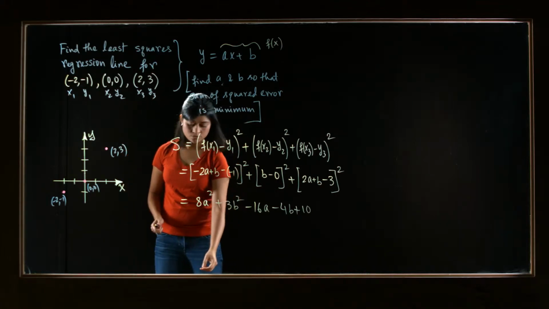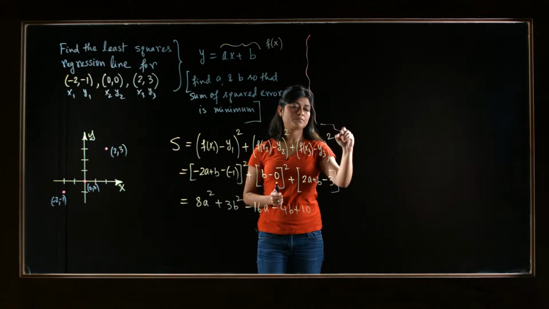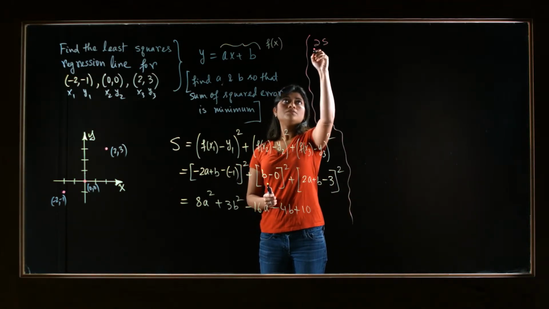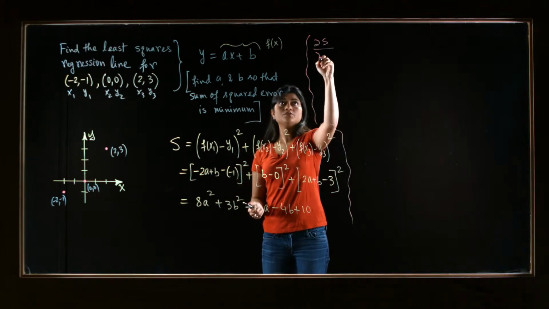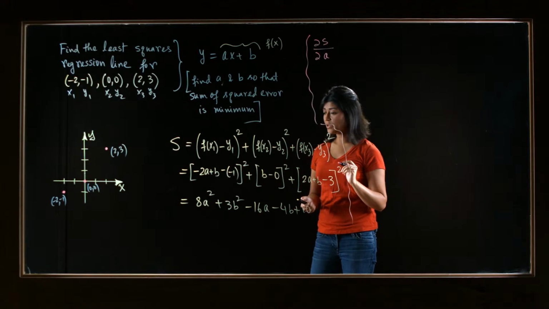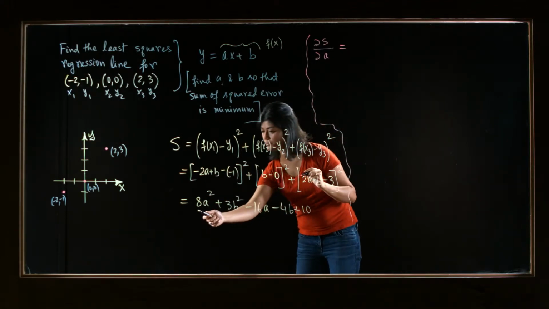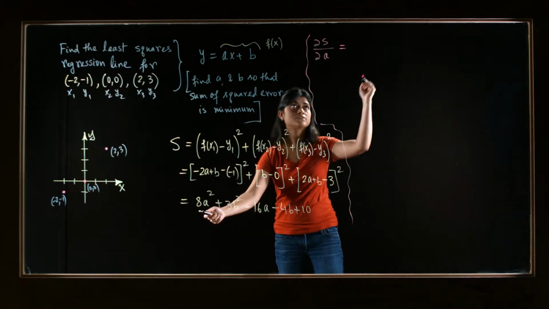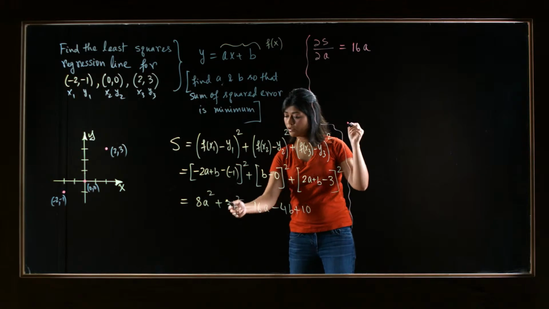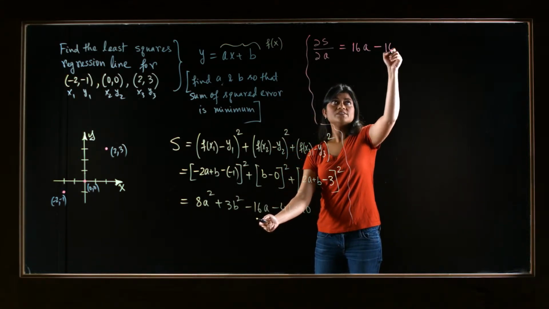Okay, so let's find the partial derivative of s with respect to, the variables are a and b. So to compute the derivative with respect to a, b is constant, right? So from the first term, the derivative is 8 times 2a, so 16a. This one is 0. Third term is negative 16.